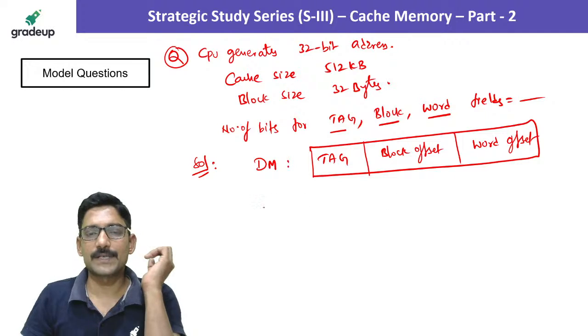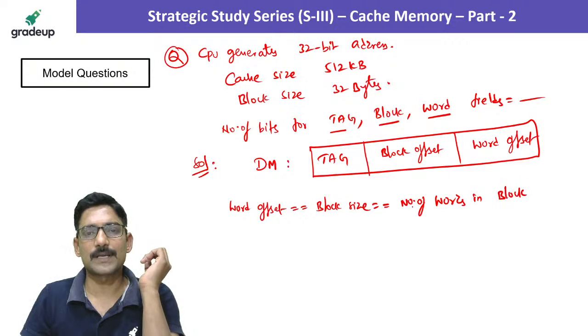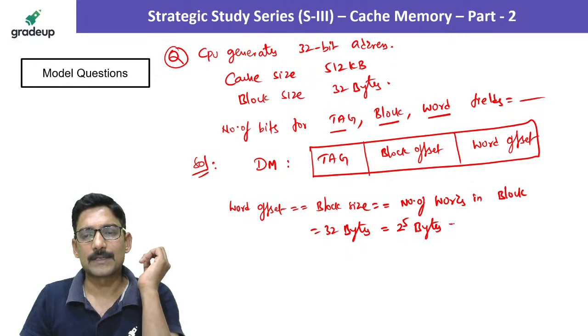What does word offset indicate? Block size, that is number of words in block. What is block size? 32 bytes. When one word is equal to one byte, 2 power 5 bytes, that means 5 bits for word offset.